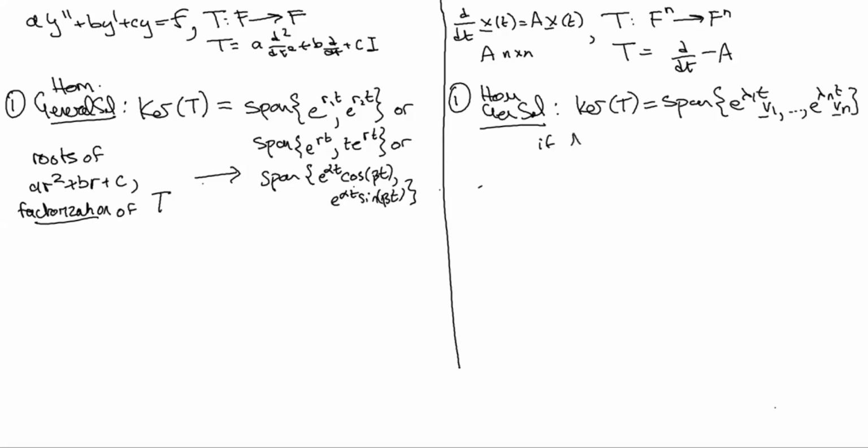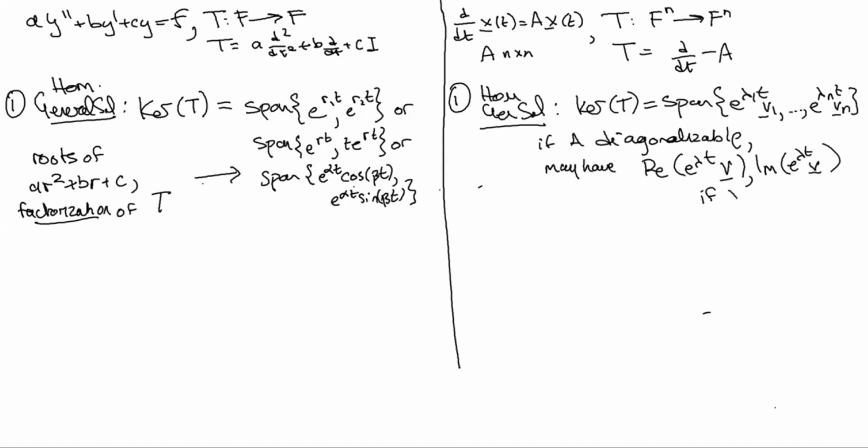If A is diagonalizable, and okay, may have to use the real and imaginary parts if lambda is complex, right? And you can see the parallel here, right?